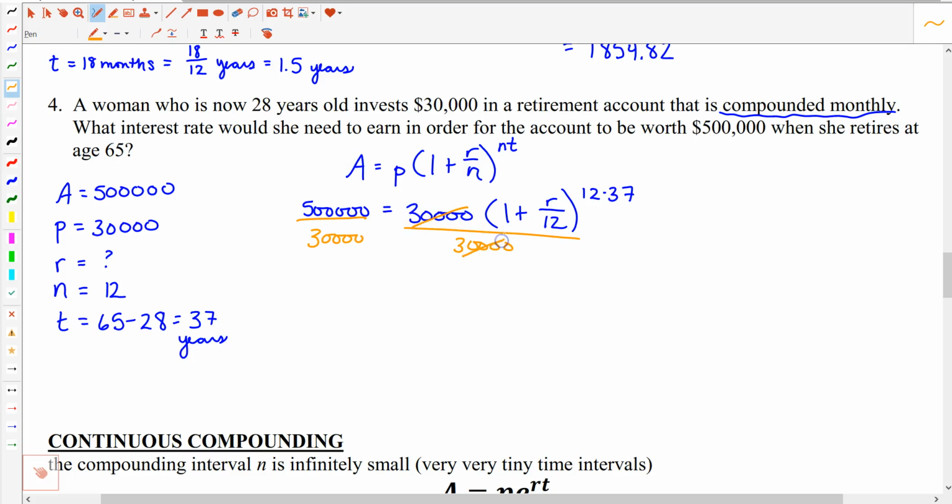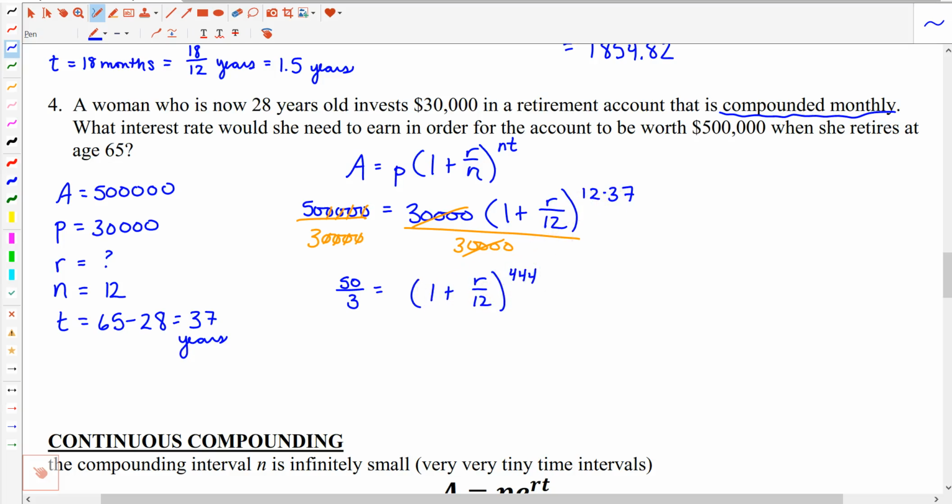First off, I'm going to remove that factor from this side. And then cleaning up this side, we'll actually find that this does not divide nicely, but I can at least get rid of all of those trailing zeros. And I'm going to clean up this exponent. So over here on the left, I would have 50/3 is equal to, and on this side I have 1 plus r divided by 12, and then 12 times 37 is 444.